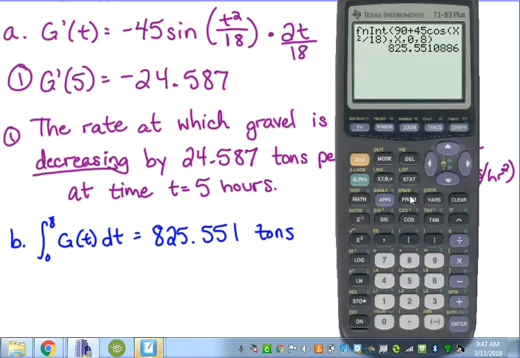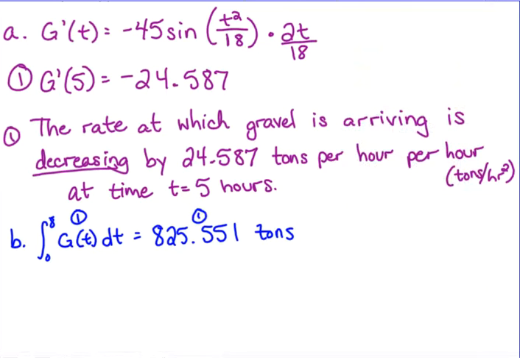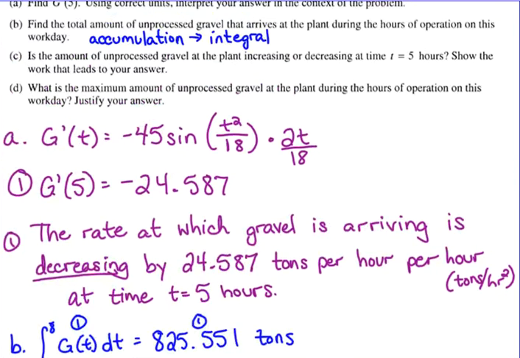Even if it doesn't say to include units, it never hurts to include units. Here you get 1 point for your integral, just writing that, even if your calculator will do it, and 1 point for your answer. So you do have to have that integral there, even though it's pretty obvious what you're having to do.